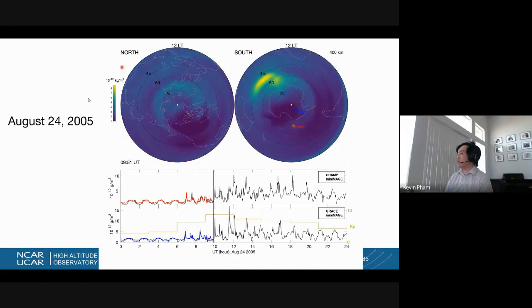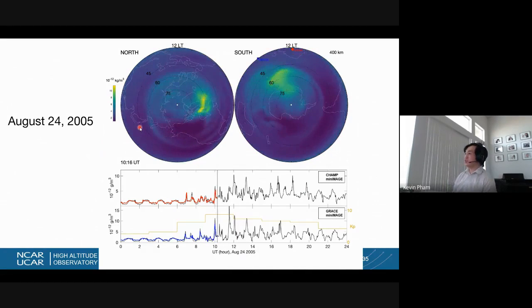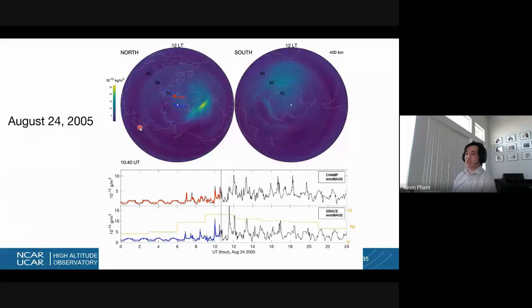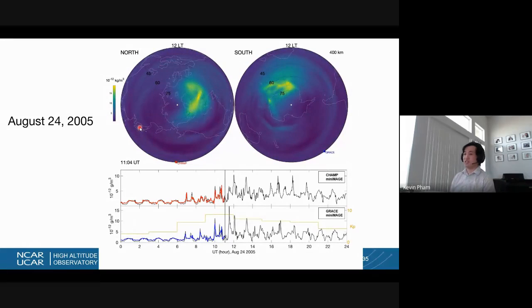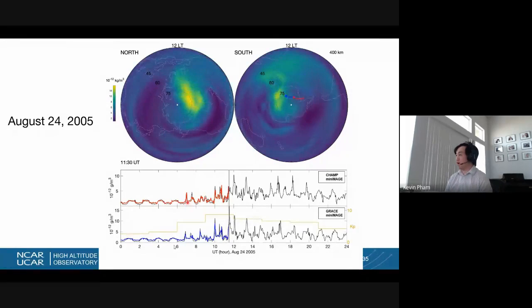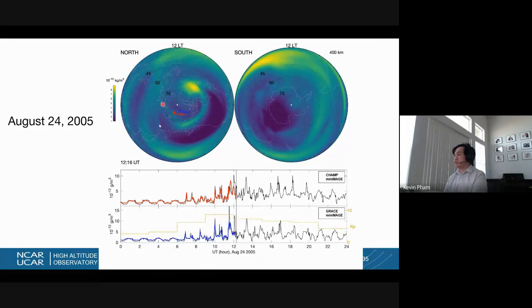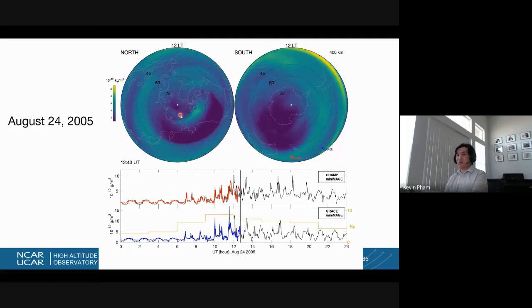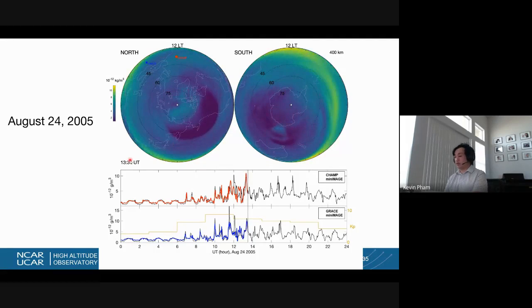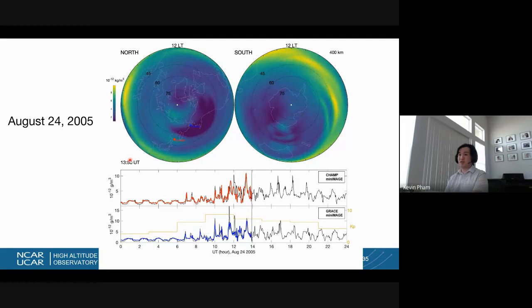The interesting thing about neutral density is that in order to get the neutral density and TADs correct, you have to get a lot of things correct to actually match the neutral density. So that implies that our model is getting a lot of the distribution correct, a lot of the amplitudes correct, and therefore we're generating a lot of the waves on time with the correct speed and in the right place.